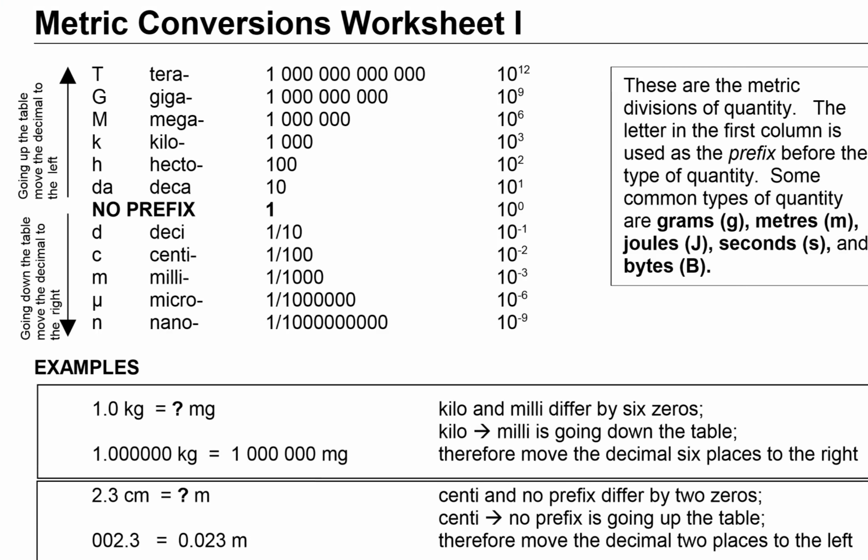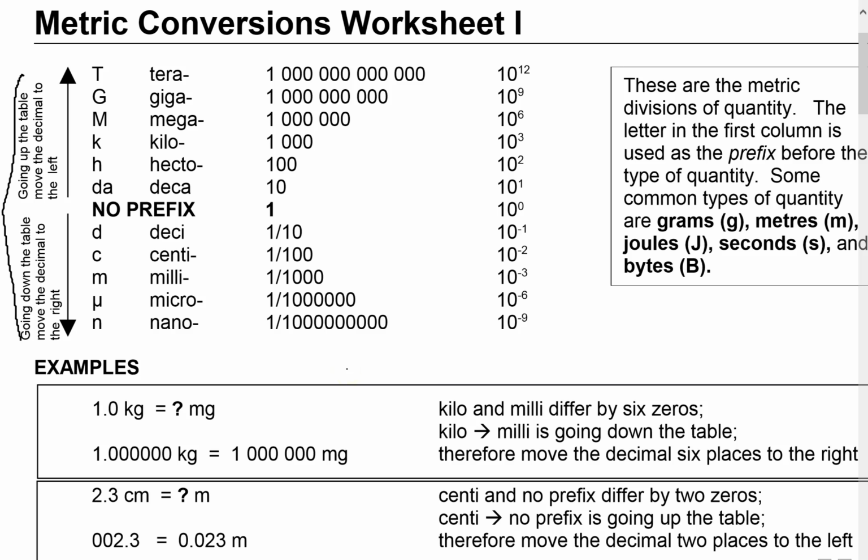Metric conversions, worksheet 1. The top of this worksheet has all of our prefixes, all the way from nano all the way up to tera. This is really useful, and pretty much the key to this entire lesson is found here at the top left part.